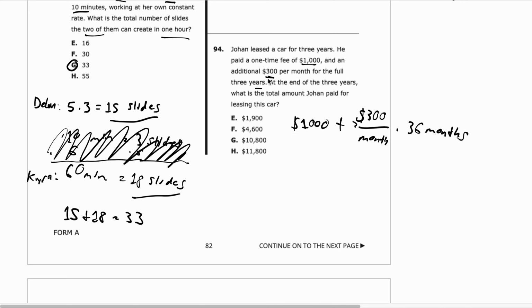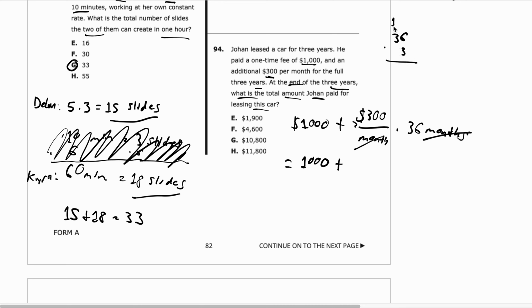And we want to know at the end of 3 years, what is the total amount paid. So these months unit cancels out, and so this is going to be 1,000 plus, and then let's do 36 times 3.